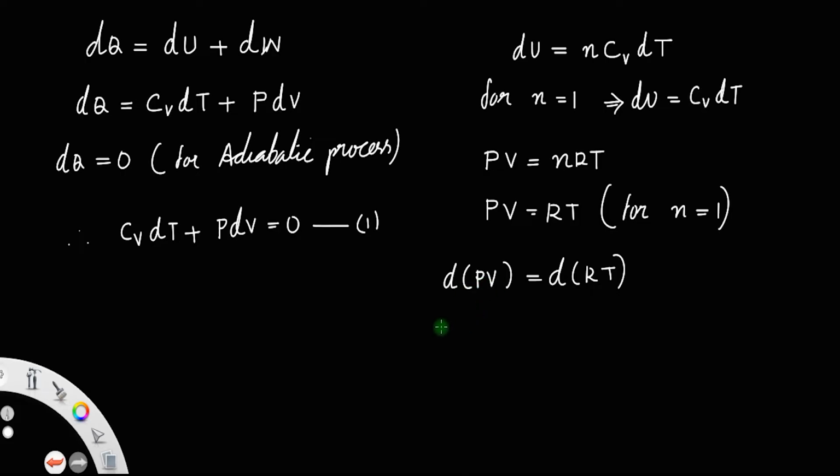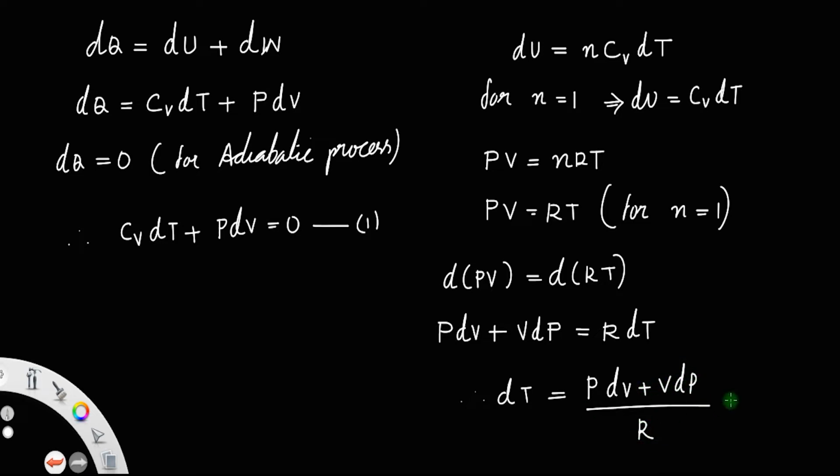You can use the product rule of derivatives: first function P into derivative of second function plus second function into derivative of first function equal to, here the R remains constant, so R dT. Therefore, dT will be, taking this R to the left, (P dV plus V dP) divided by R. Let's call that equation number 2.